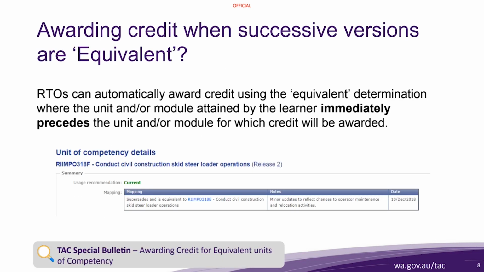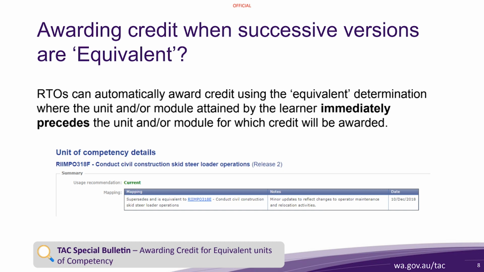So if we move on, the question that then arises is what can you do when there are successive versions that are equivalent? If you look at this particular example here, and we'll be touching on this later on, the F version is preceded by an E version, which in turn is preceded by a D version, which was preceded by a B version, going back to 2013.